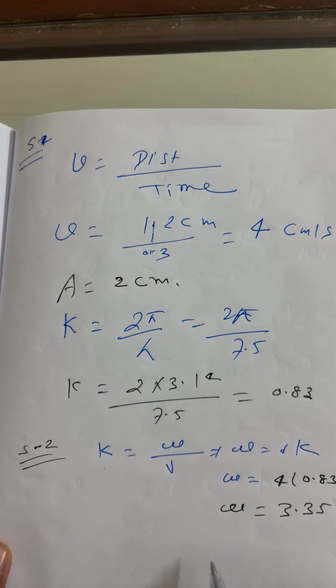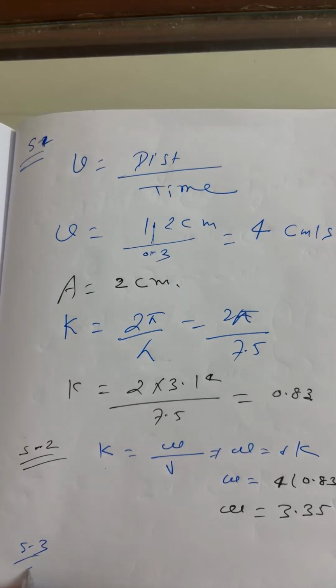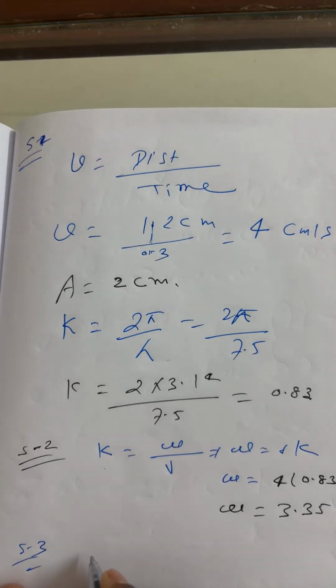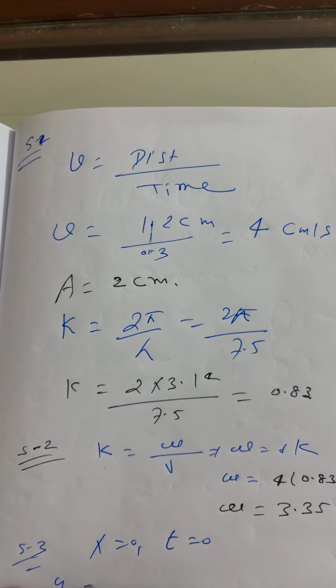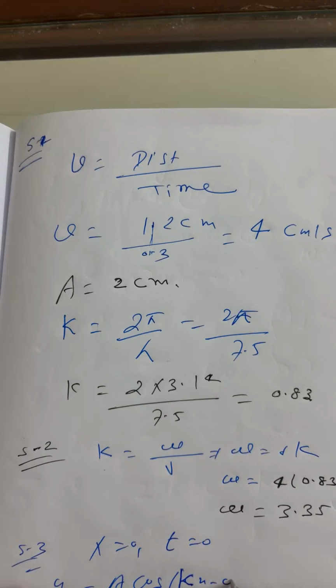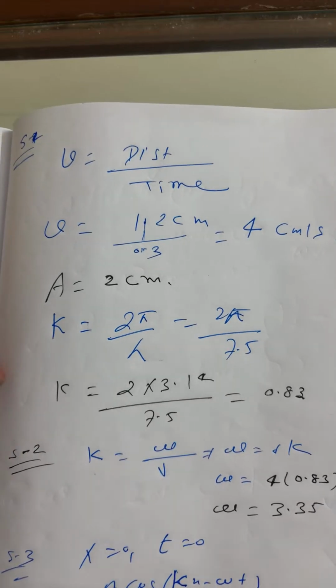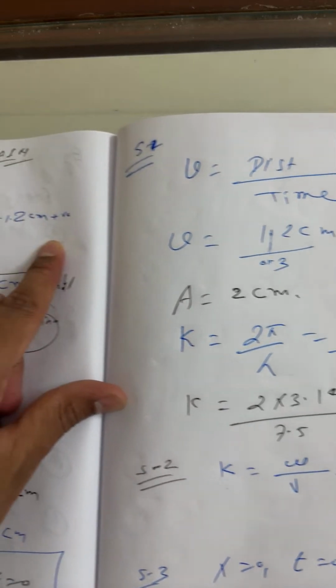So omega is 3.35. Now, what is mentioned in the question: x equals 0 at time equals 0. So simply you can write y equals a cos of kx minus omega t, because they mention the particle motion is in the positive x-axis.